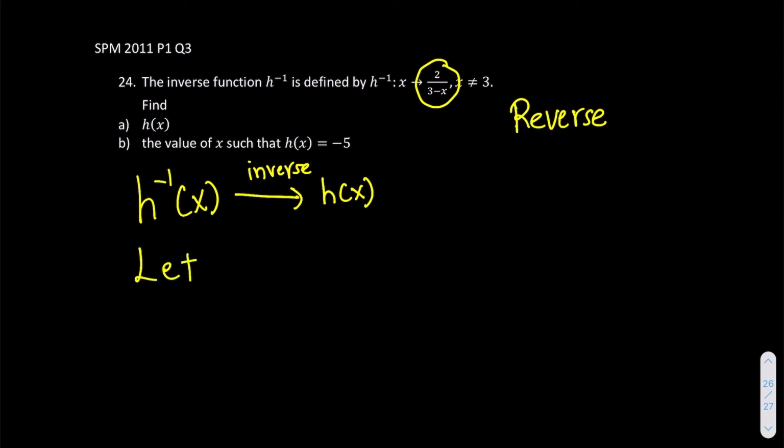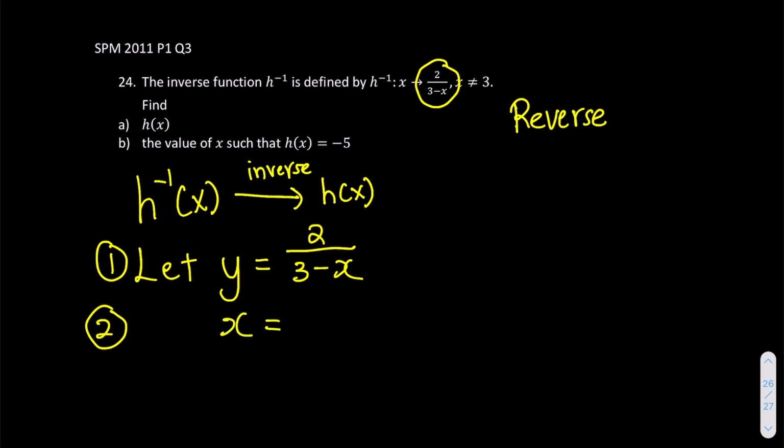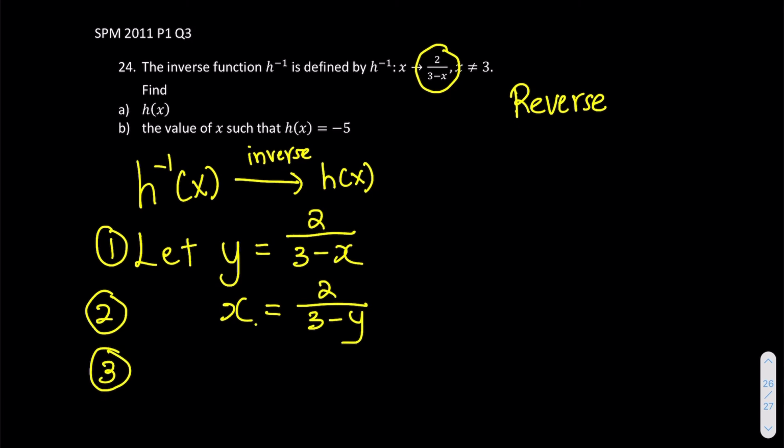So how to do again? Learn it yourself. First, let y be equivalent to 2 over 3 minus x. Step number 2 is to interchange the x and y. So y becomes x, x becomes y. After that, we need to solve for y. We just interchange the position first. 3 minus y is equal to 2 over x.